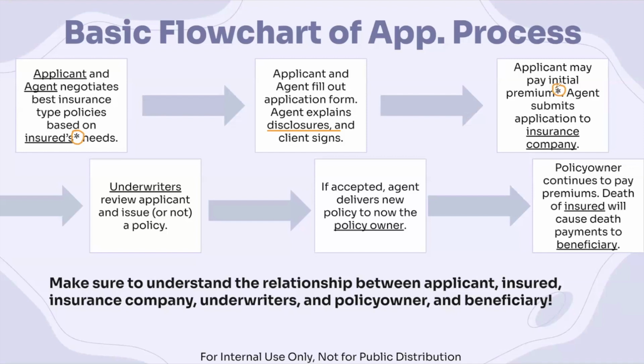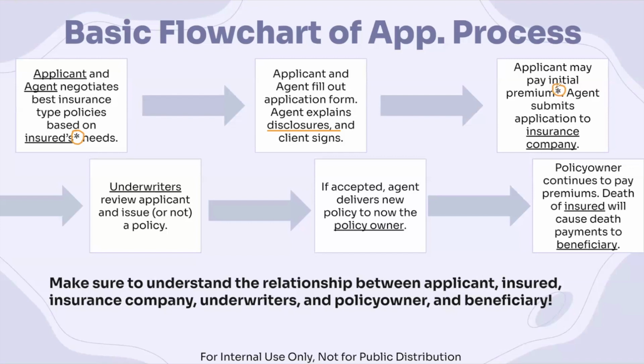And the policy owner continues to pay premiums. Premiums are what keeps the policy active. It can be monthly, it can be quarterly payments made to the insurance company. And death of the insured will cause death payments to the beneficiary.